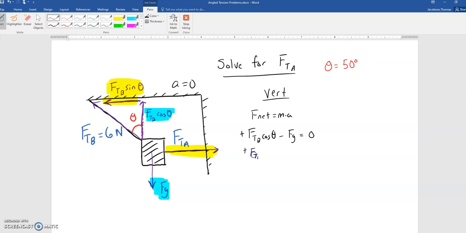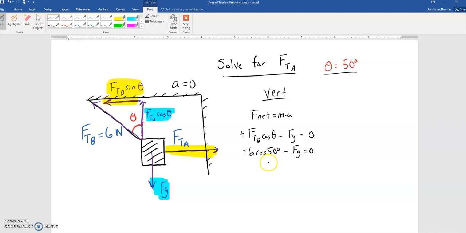Right away I realize I don't know FT. Well, actually, I know FTB. That's 6 newtons. So it's 6 cosine 50 minus FG equals 0.